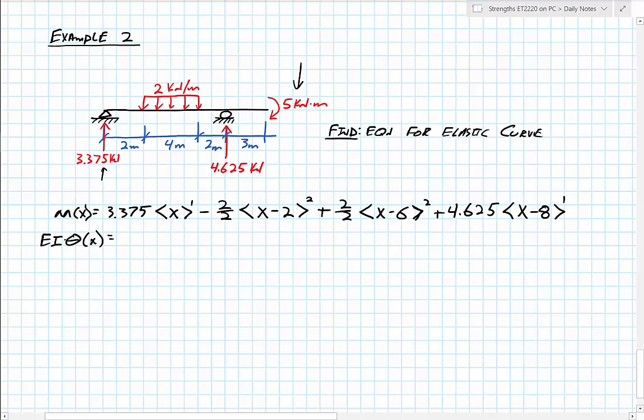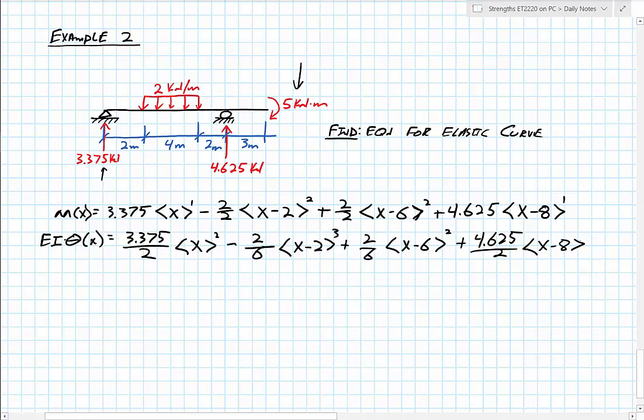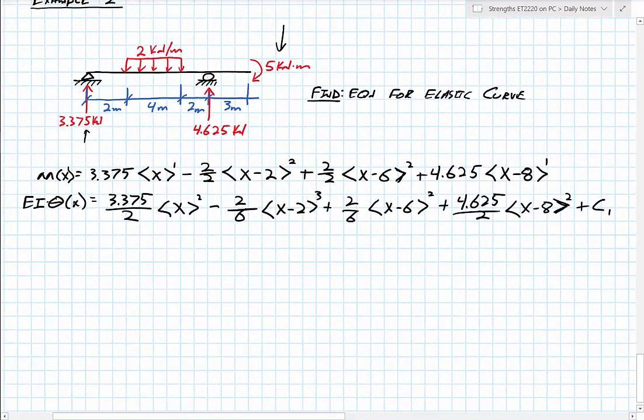What I have is 3.375 over 2 x squared minus 2 over 6 x minus 2 to the third power plus 2 over 6 x minus 6 cubed plus 4.625 over 2 x minus 8 squared. Brackets looking a little bit funky. Now remember, when I'm doing that first integration, I get my first constant of integration, C1.